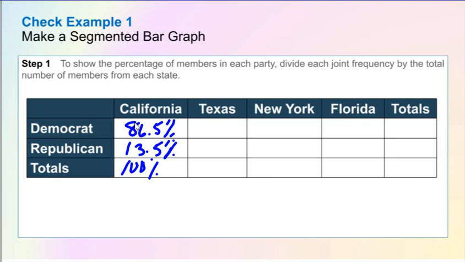Texas, we would have 13 divided by 36 gives us 36.1. This will give us, for Republican, 63.9.